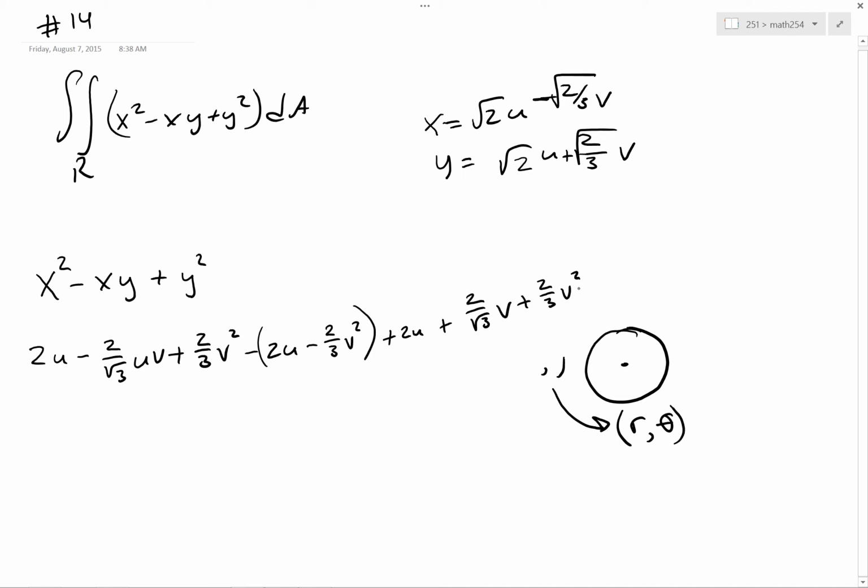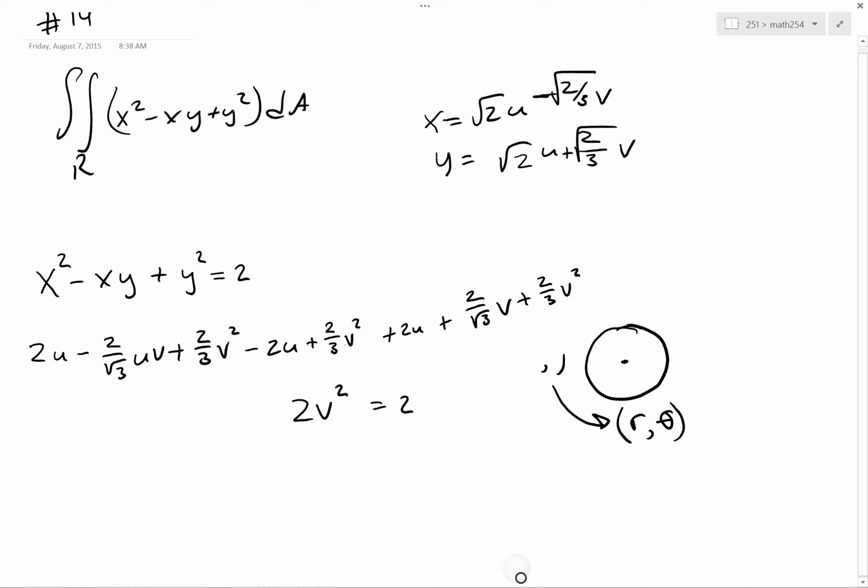So you do the math on this. Subtract that negative through there, distribute the negative, and let's see what we end up with here. We end up with a 2/3, a 2/3, and a 2/3, which is 6/3, which is 2v squared. Remember this equaled 2, so it equals 2 still.